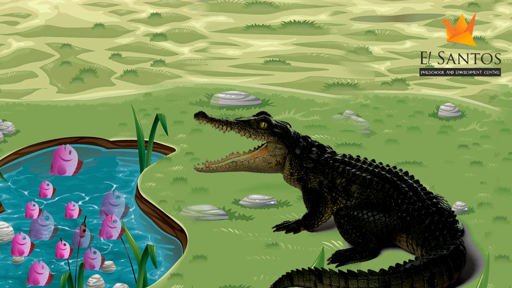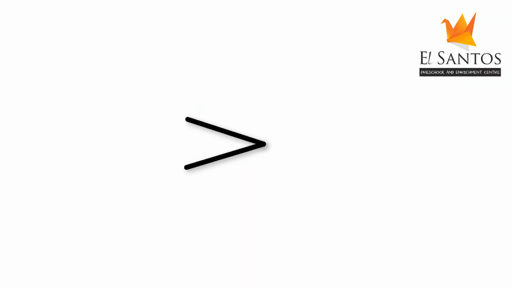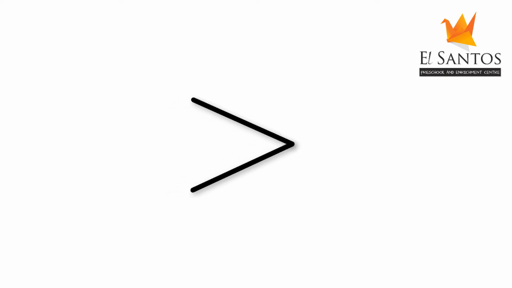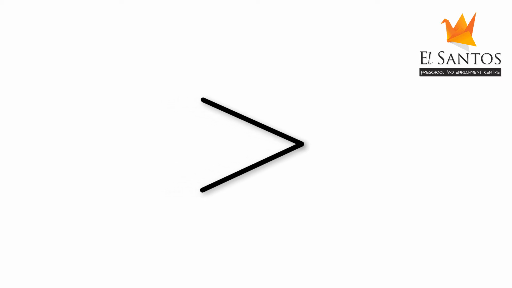The wide open alligator's mouth always eats the bigger number. So when we have two numbers, we can easily find the bigger or greater number by comparing the two numbers and drawing the wide open alligator mouth towards the bigger number.